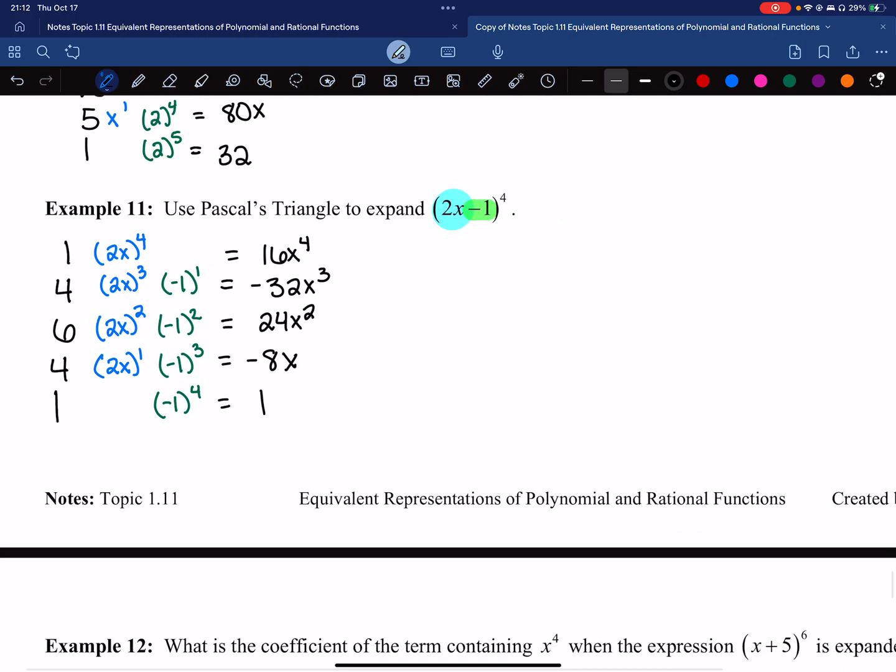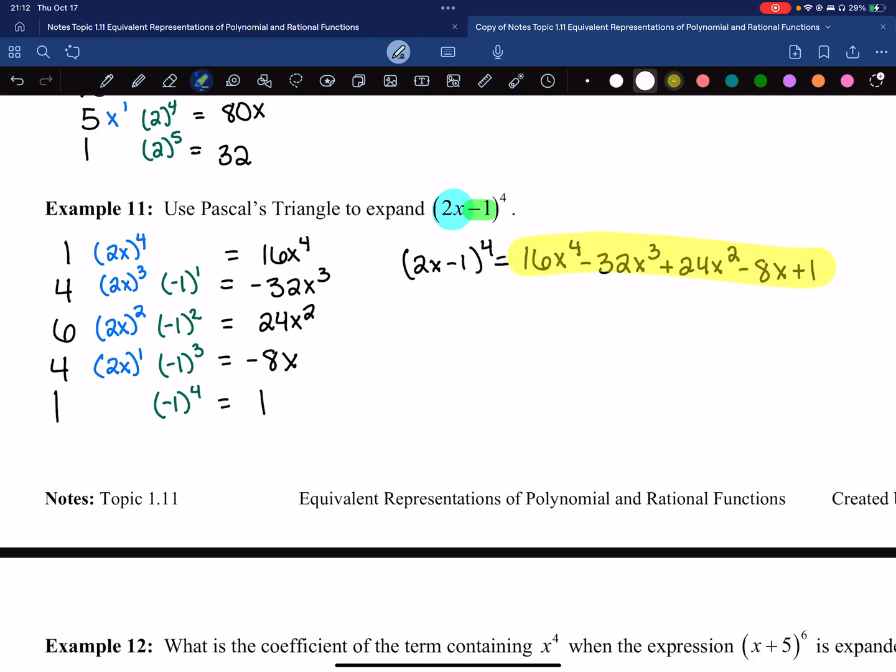So for this to be fully expanded, we have 2x minus 1 to the fourth power equal to 16x to the fourth minus 32x to the third plus 24x squared minus 8x plus 1. And that would be fully expanded.